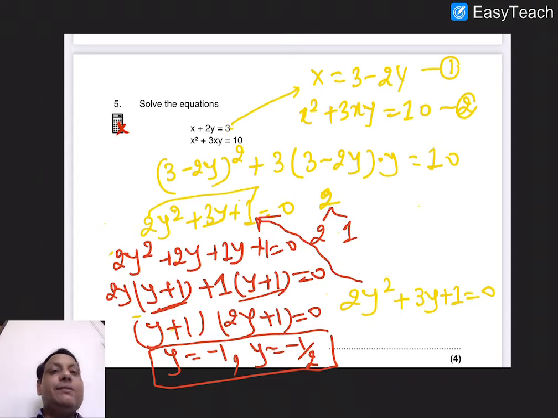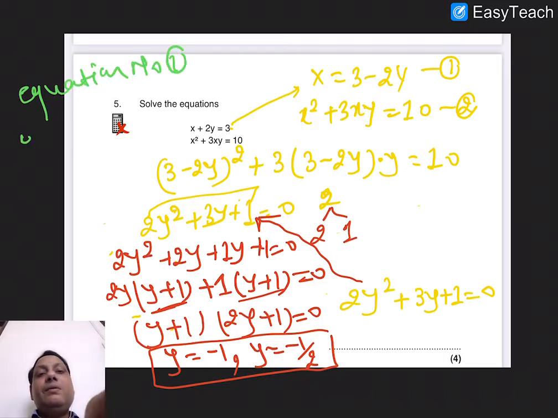Suppose the equation number 1 we already have here. Equation number 1 is, sorry, what I wrote here by mistake was wrong: x is equal to 3 minus 2y.